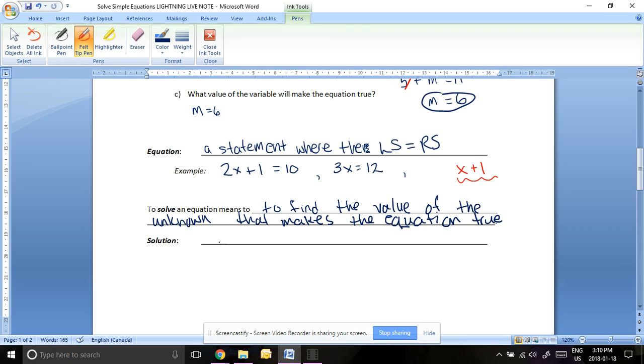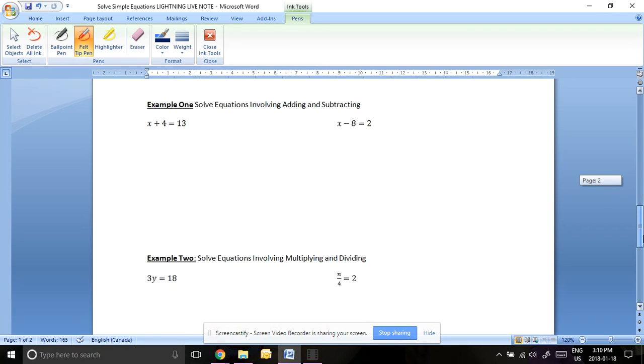So the solution is the value of the variable so that left side equals right side. I'll talk about these definitions as we do some examples.